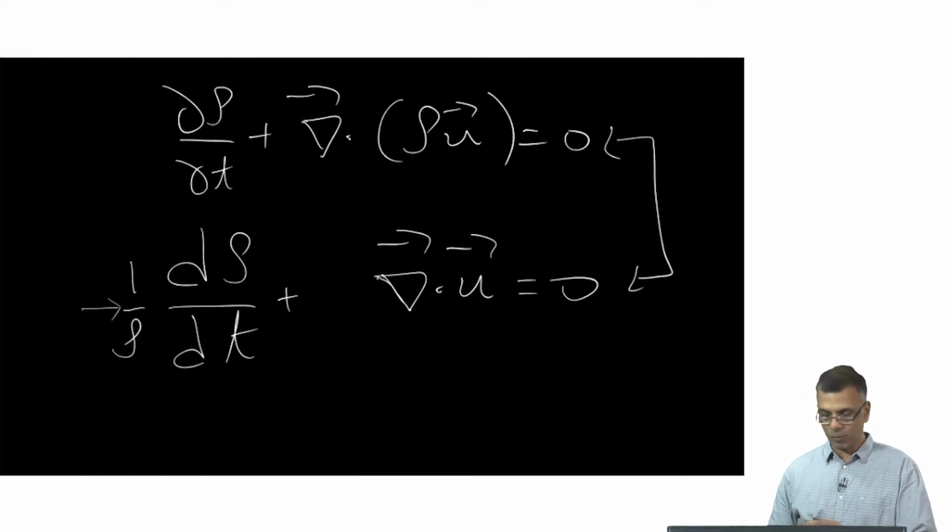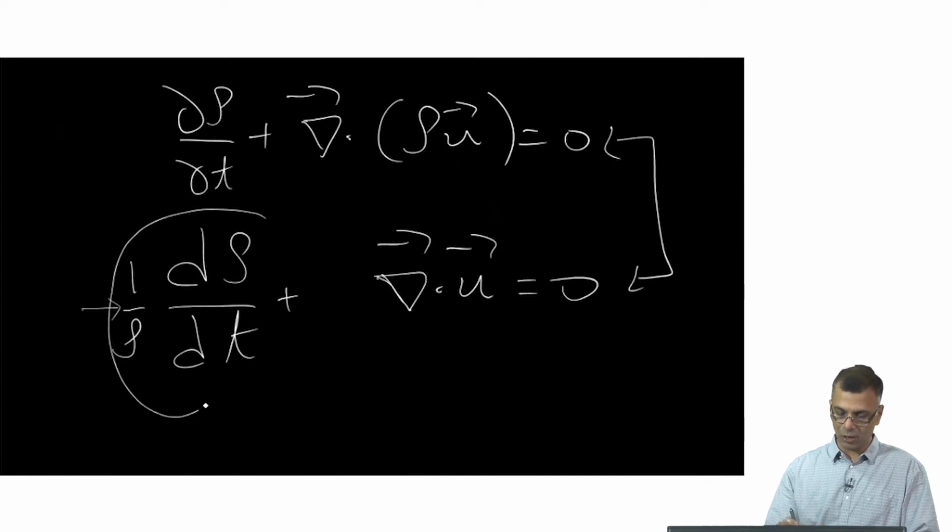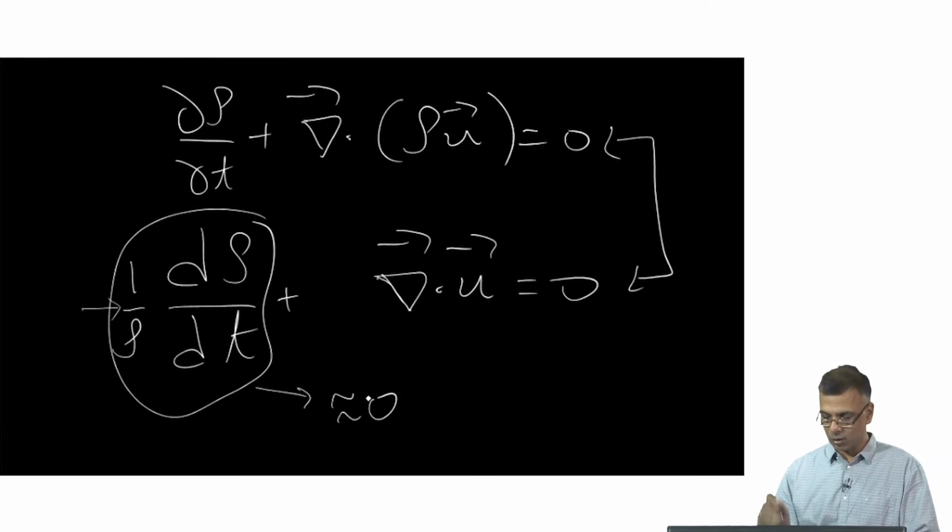And when you're talking about compressibility, you're talking about a situation where this term is important. When you're talking about incompressibility, if this is equal to 0, then it implies an incompressible flow.